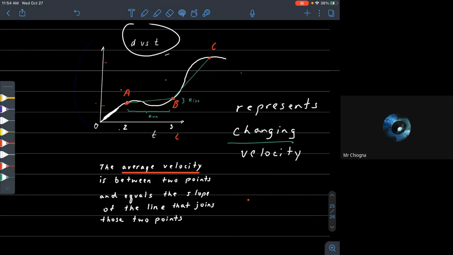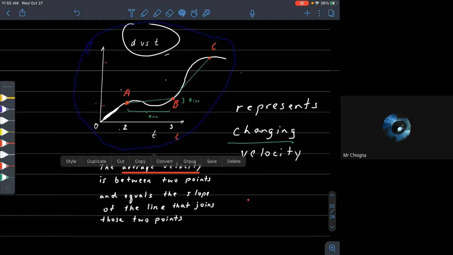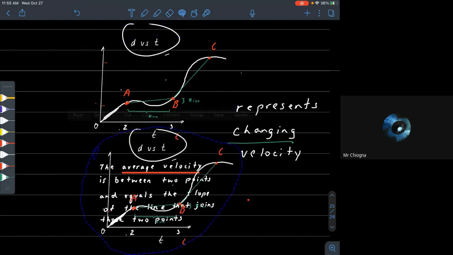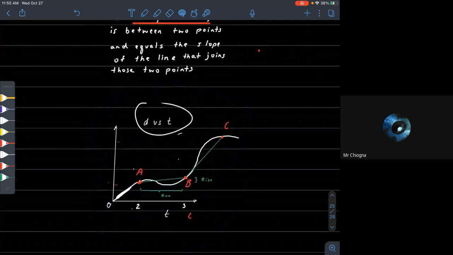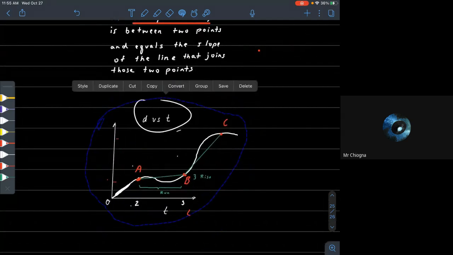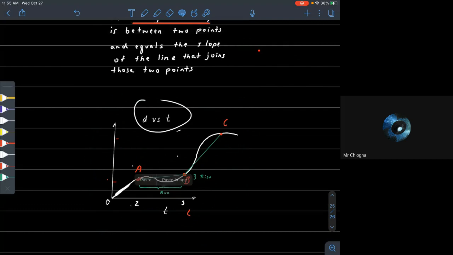I'll copy this out again and erase some things in it. I need to use this graph again, but for a different purpose. Keep the 3 points there.